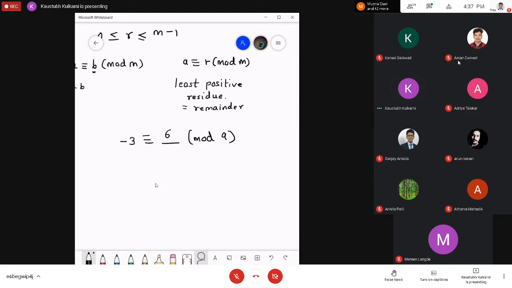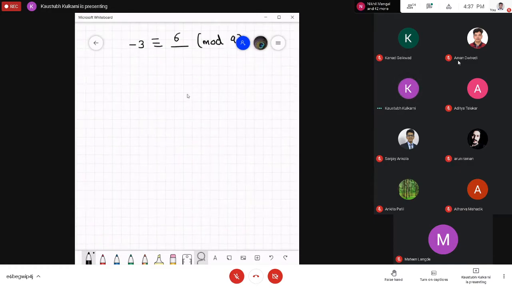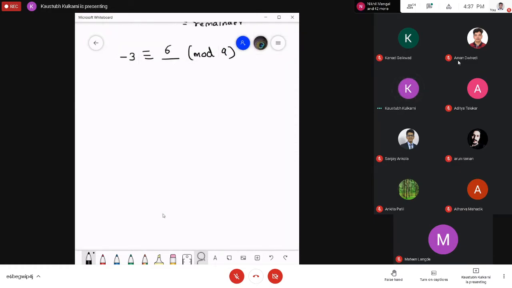Okay, so the next thing is there are some properties. So A is congruent to A mod M, obviously.